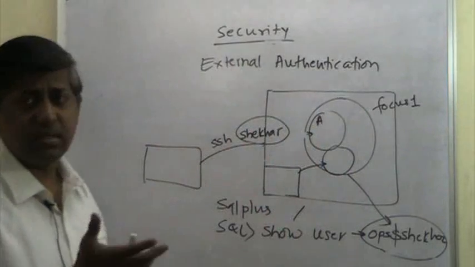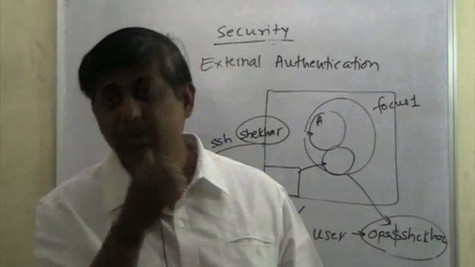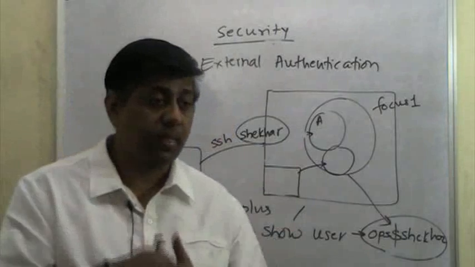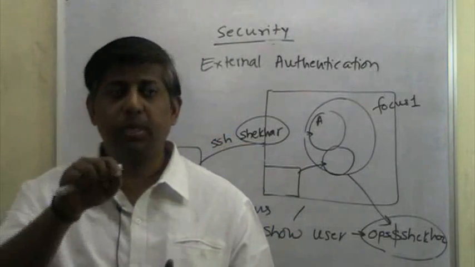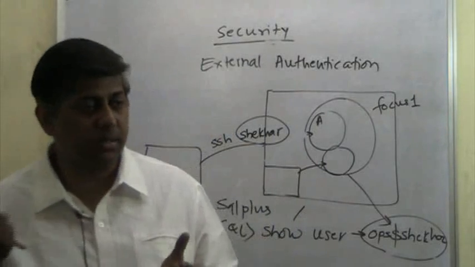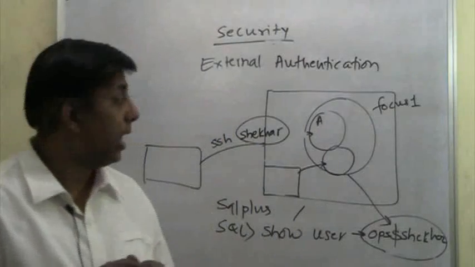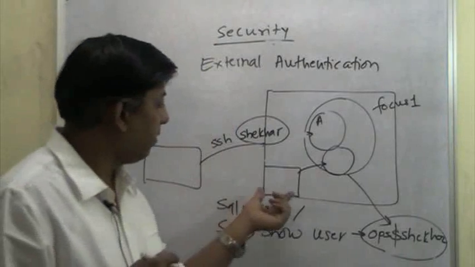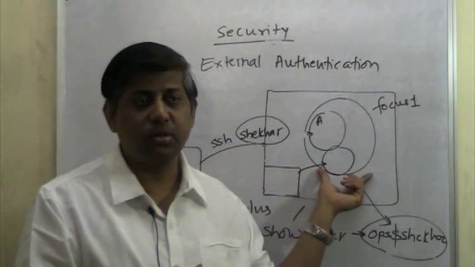And why is this done? This is done for many purposes. Many of the shell scripts that you will write, you don't want the password put inside the shell script, because if the shell script is compromised, if somebody steals the shell script, the password is written inside it. That could be one of the reasons. Another reason is that the operating system people are very strong on security, but database administrators are not so strong on security.